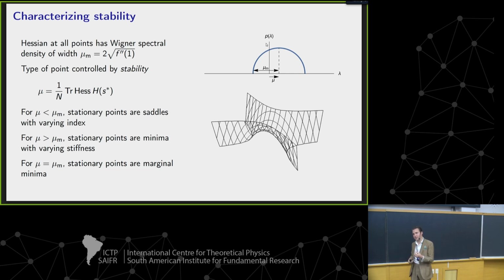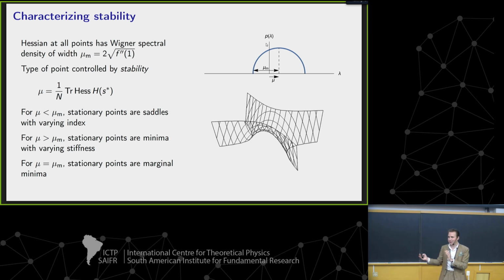By fixing this stability mu, which is the trace of the Hessian, we fix the shift. Because every stationary point in the large N limit has a spectral density with the same width, what I call mu-m, the so-called marginal stability, this effectively fixes the type of stationary point.